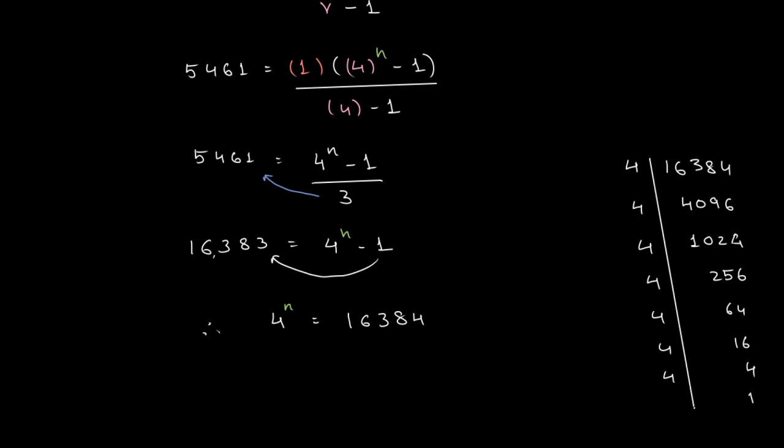So as you can see, 16,384 is 1, 2, 3, 4, 5, 6, 7, 4 raised to 7. So therefore I can say 4 to the power n is equal to 4 raised to 7.